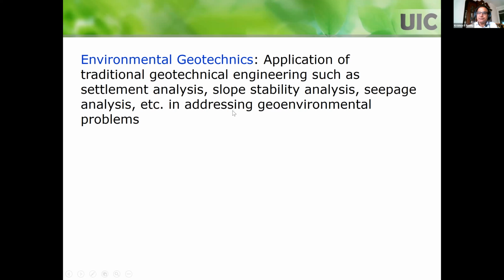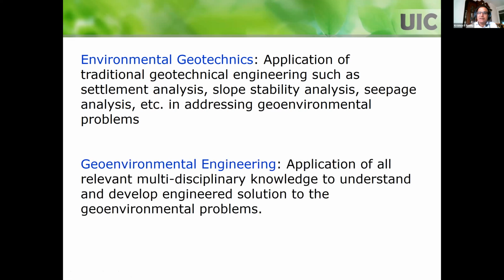But geoenvironmental engineering is a different aspect. Here, what we are trying to do is come up with a solution to the geoenvironmental problem, considering all the multidisciplinary knowledge. Geotechnical engineering is part of it, but we need environmental engineering, contaminant hydrogeology, and all those things combined together.